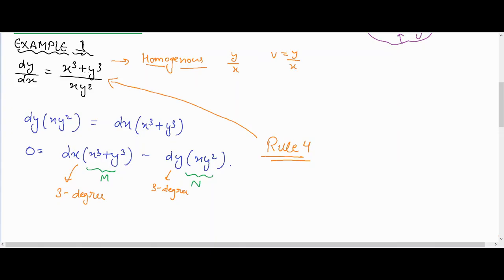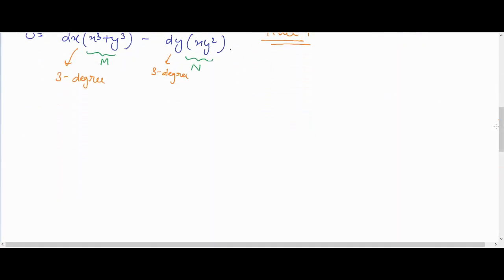You can actually solve this equation by this method, and it is quite a simple equation, so solving it by the homogeneous method will be a good idea as well. All the equations which we will solve using rule number 4 are homogeneous differential equations which can be solved by that method as well. Anyways, let's continue with our current solution.